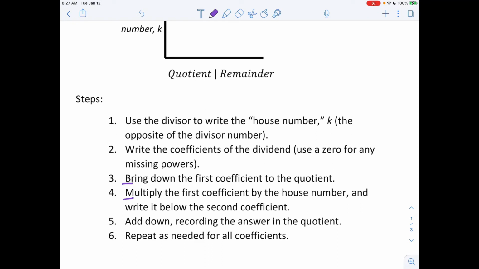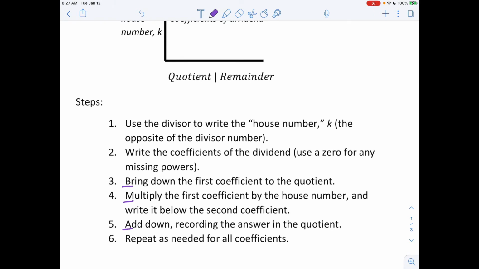And we'll write that up here. That's going to start to fill in the second line of numbers here. Once we do that, we will add, going straight down and add the 2 numbers, the second coefficient and the number that we just wrote from our multiplying, and then we will repeat the steps as needed.